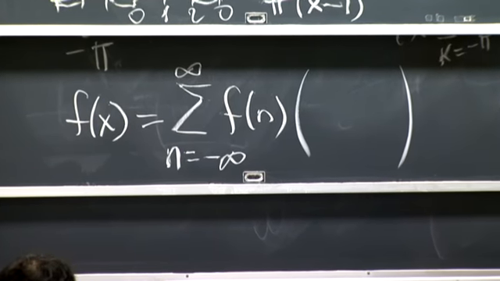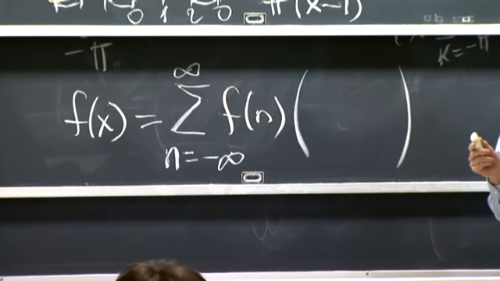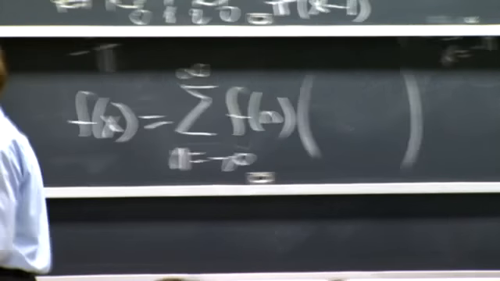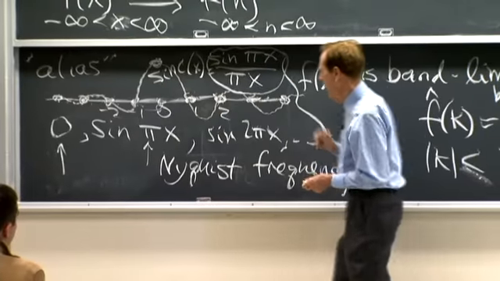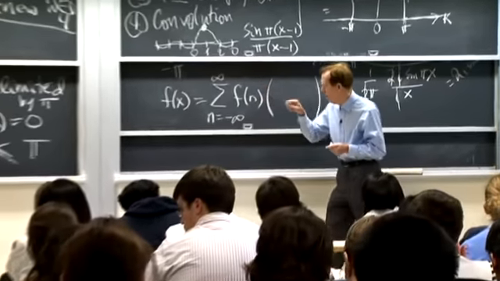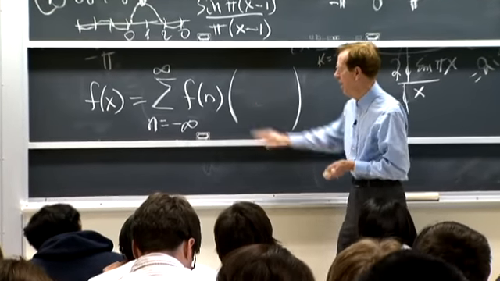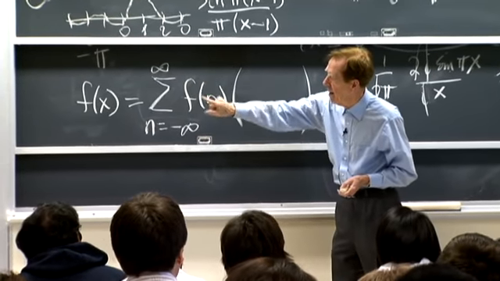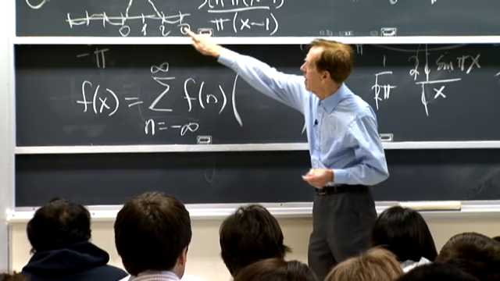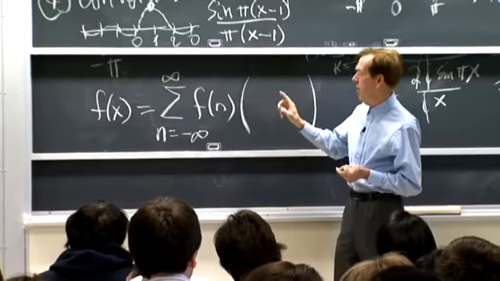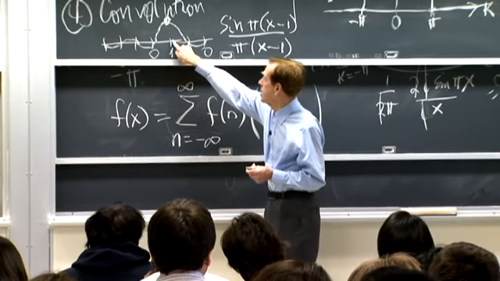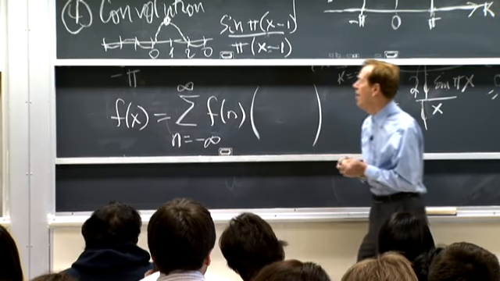I want my formula to be correct in this case, so that if all the f's were 0 except for the middle one, then I want to put sine pi x over pi x in there, the sinc function. I also want to get this one right. If all the f's are 0, there will only be one term. If this is the term, I want that to show up.